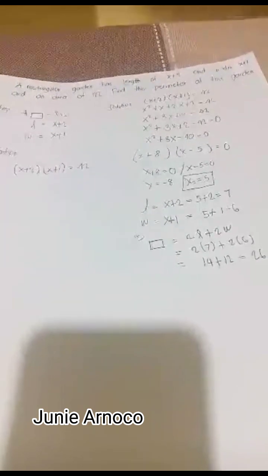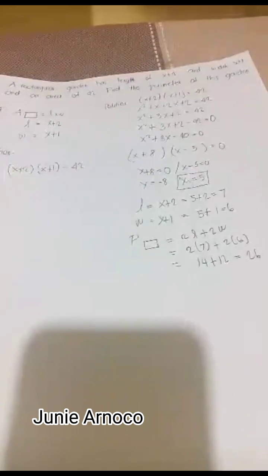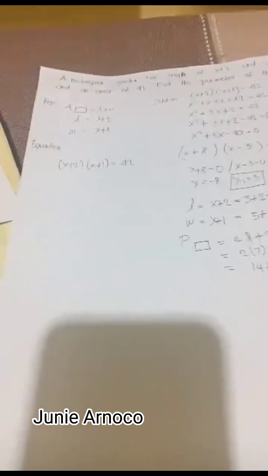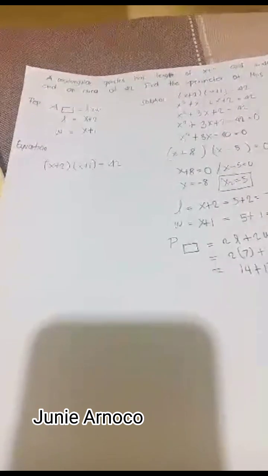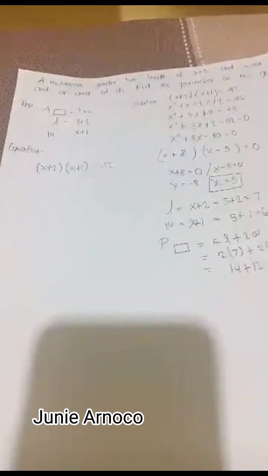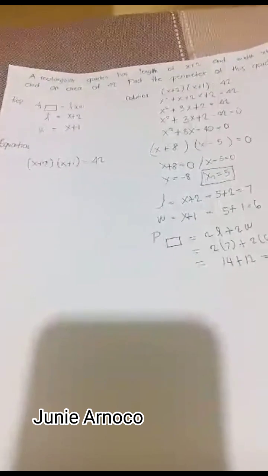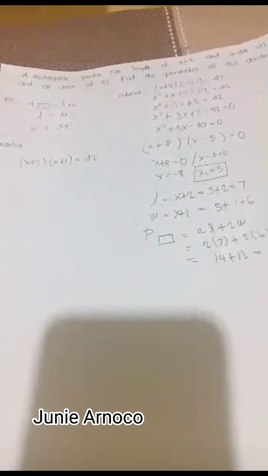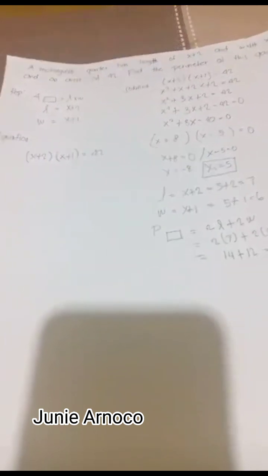Length equals x plus 2, width equals x plus 1. Equation: (x plus 2) times (x plus 1) equals 42.